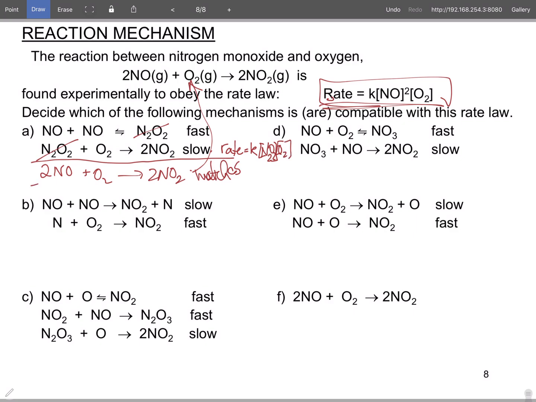Okay, so let me actually erase that and rewrite it down here. So the rate is equal to k times N2O2 times O2. And one of you may have said, wait a minute, that intermediate dropped out.